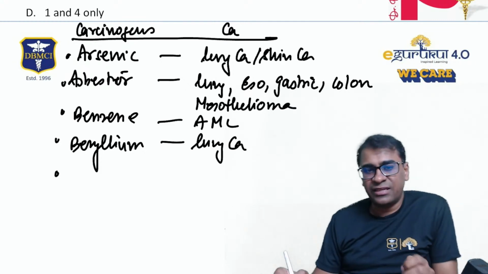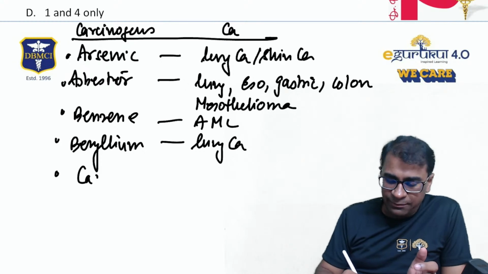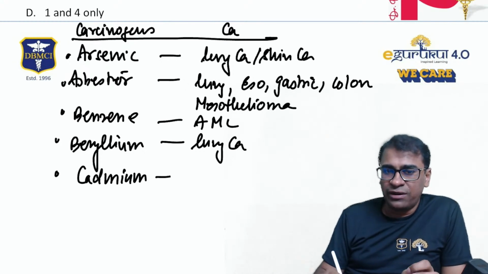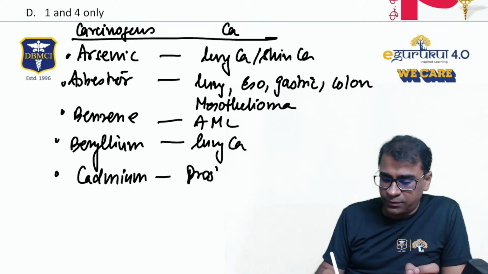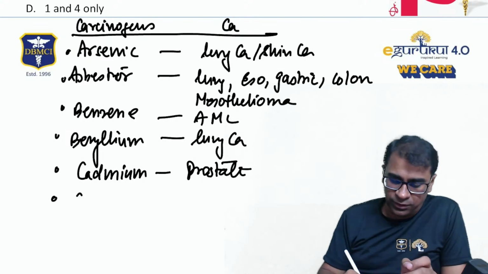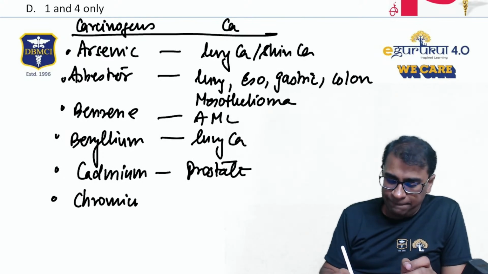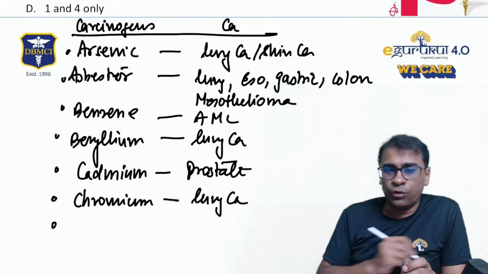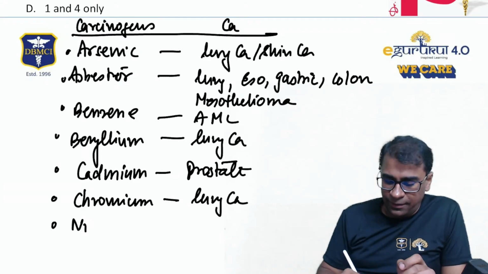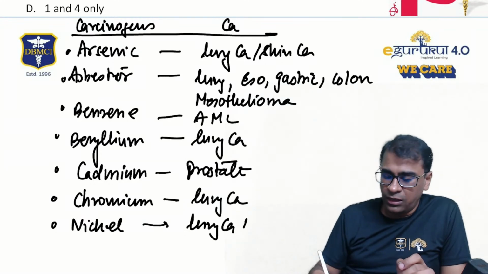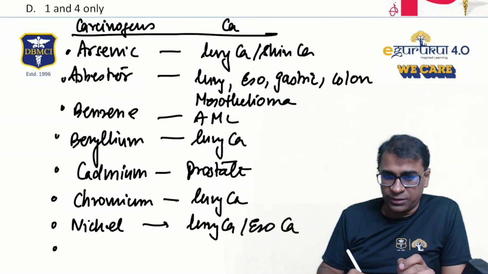Yes, dye contains benzene. I'll talk about this. Cadmium often leads to prostate carcinoma. Chromium: lung cancer. Nickel leads to lung carcinoma and esophageal carcinomas.